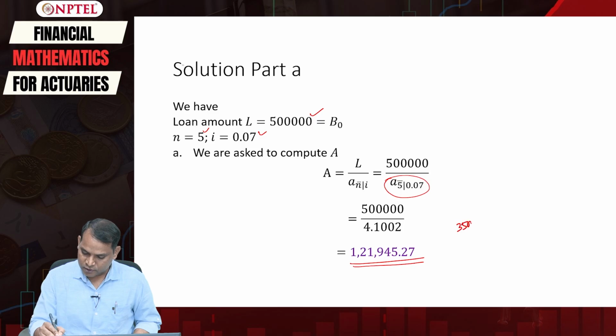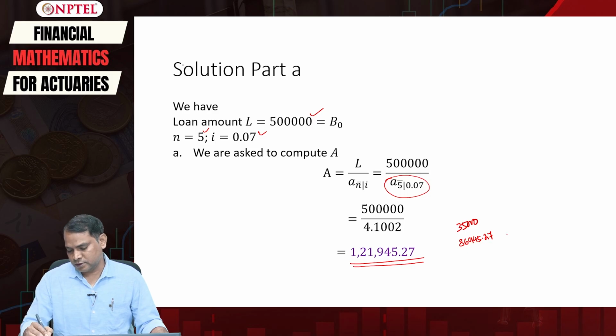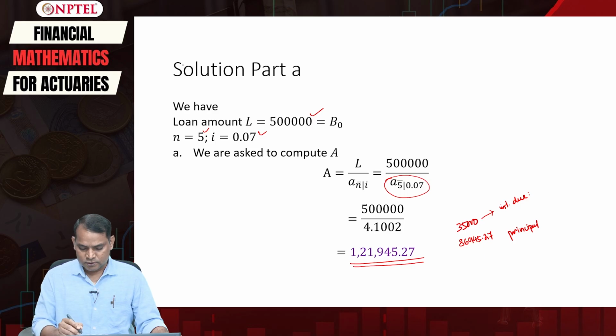So 35,000 will go towards the interest amount and the rest will go towards the principal payment, that is 86,945.27 rupees will go toward the principal reduction. This will go toward the principal and this will go toward the interest due, right? So this is the first part of the solution.